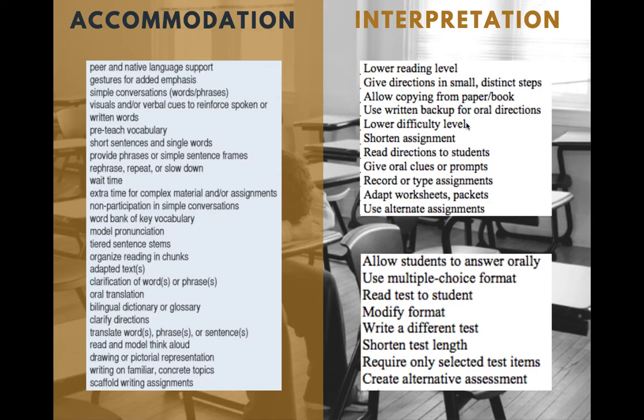You would never tell a student to lower the difficulty level in special ed without being very specific as to why that happened and what content that needs to happen in and to what degree. So for that to be listed here on just a blanket list of accommodations for an ESL student, just lower the difficulty level, that scares the heck out of me. How much lower are you making it, and why are you making it that low? And is it ever going to come back up to where it's at grade level?